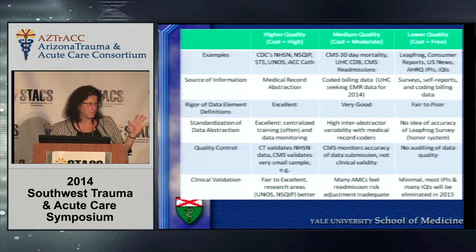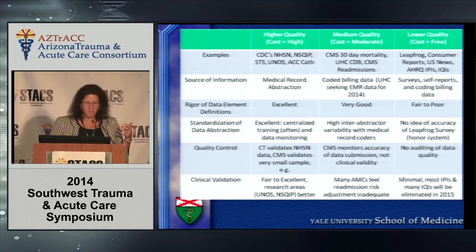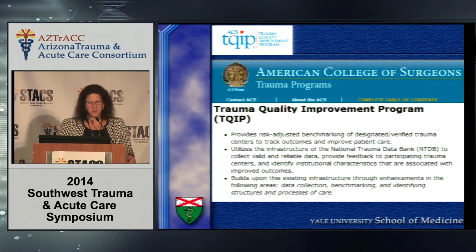Y'all remember the UGO? Yeah, so those are what we would call lower quality evaluations. Things like NHSN, NSQIP, TQIP, STS, UNOS, et cetera, are probably higher quality evaluations of performance. And TQIP provides a risk-adjusted benchmark for outcomes.